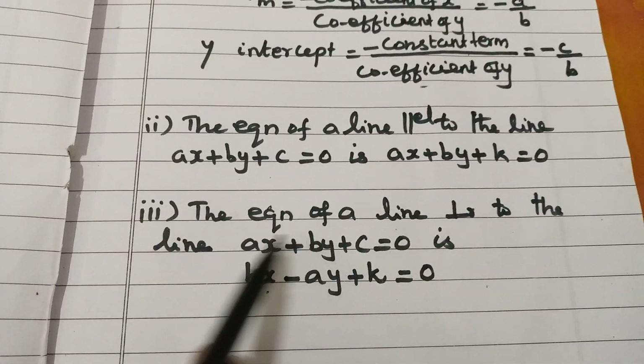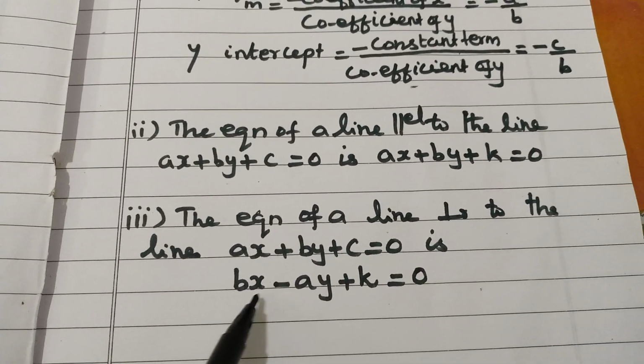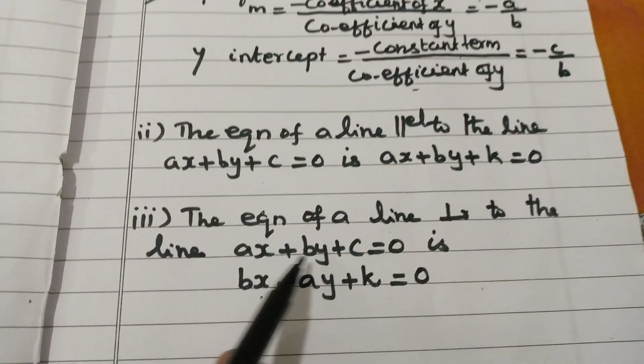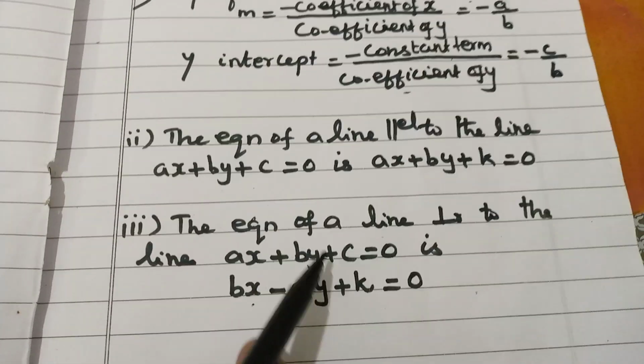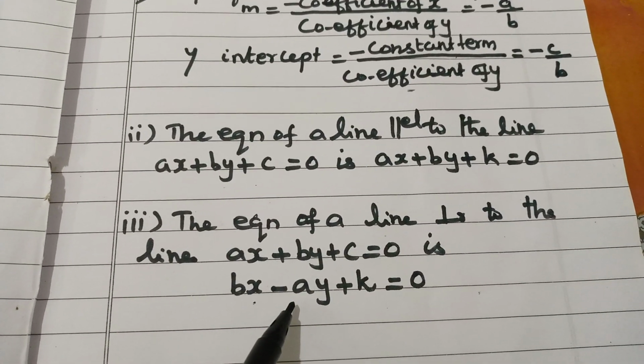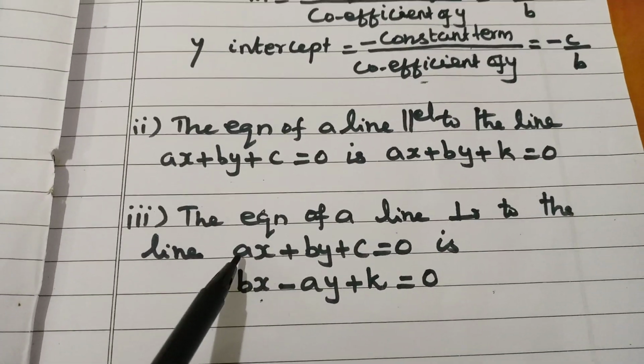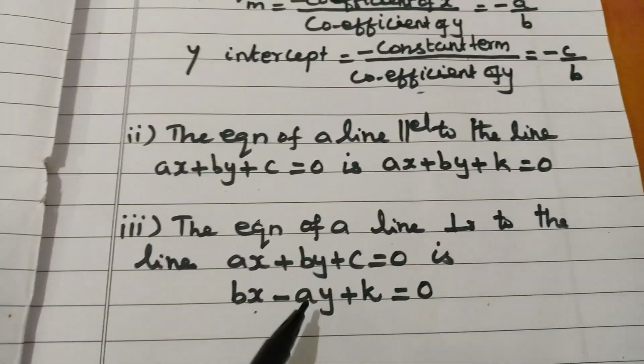Here a and b places we have to interchange: in place of a we give b, and in place of b we give a, and the second term we change the sign. The constant term k we use.